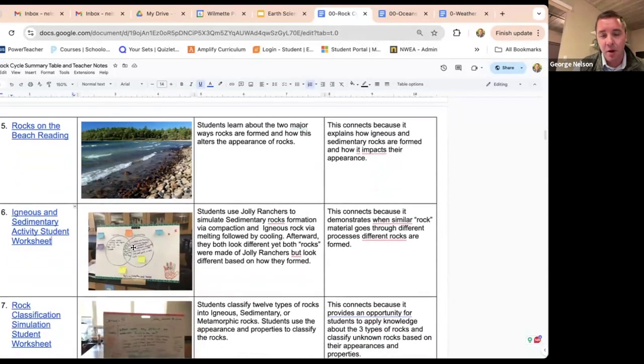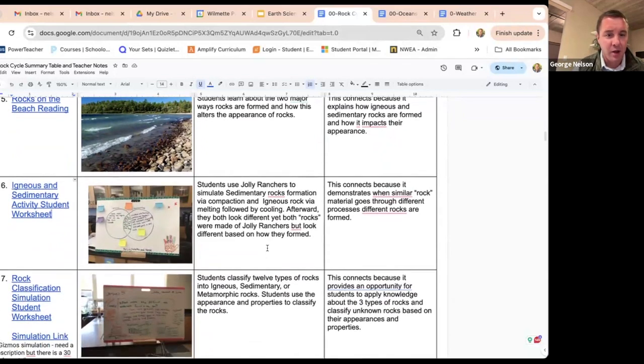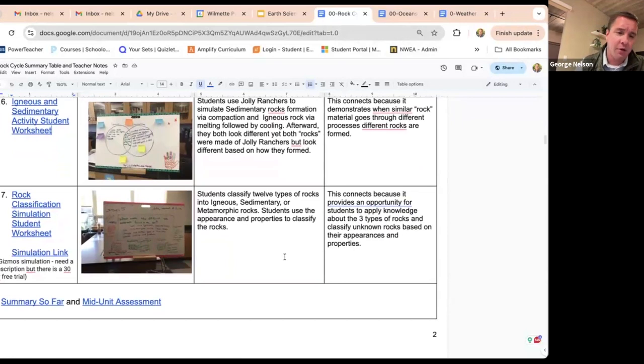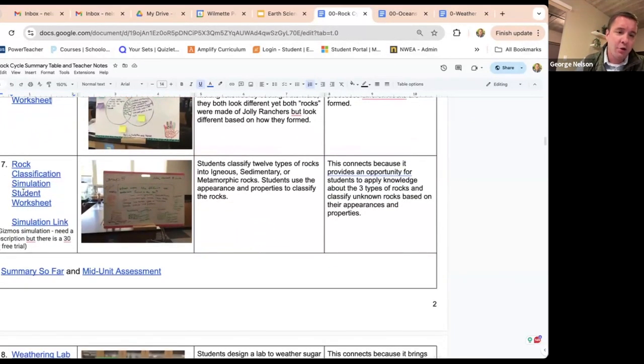It's a lab where they make igneous and sedimentary out of Jolly Ranchers. The instructions show you how to make them. Even though they're both made of Jolly Ranchers, they look really different at the end, and they start seeing that it's the process, how they form, that makes them look different.